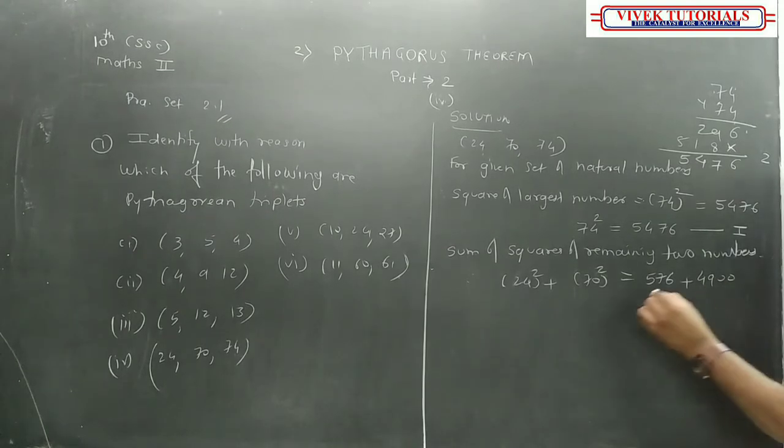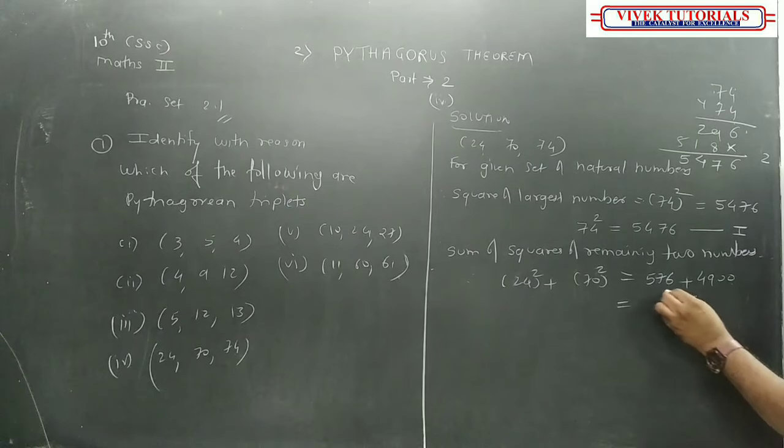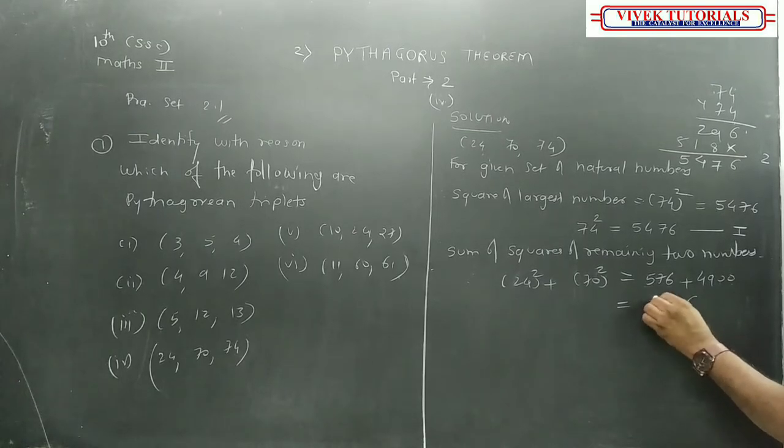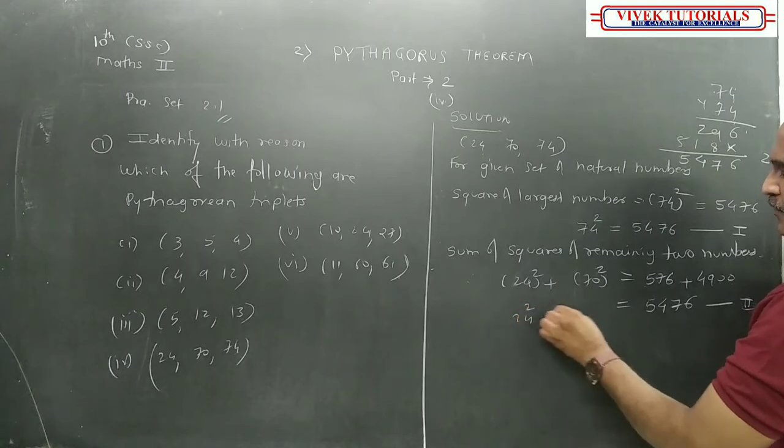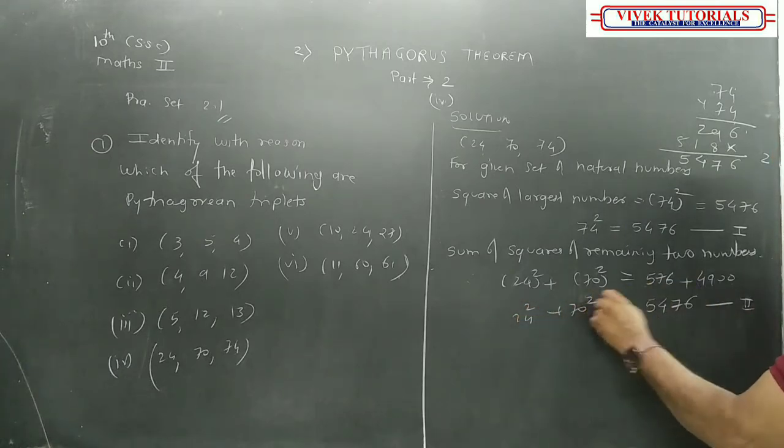So the answer we are getting is 6476, equation 2. That is 24 square plus 70 square.